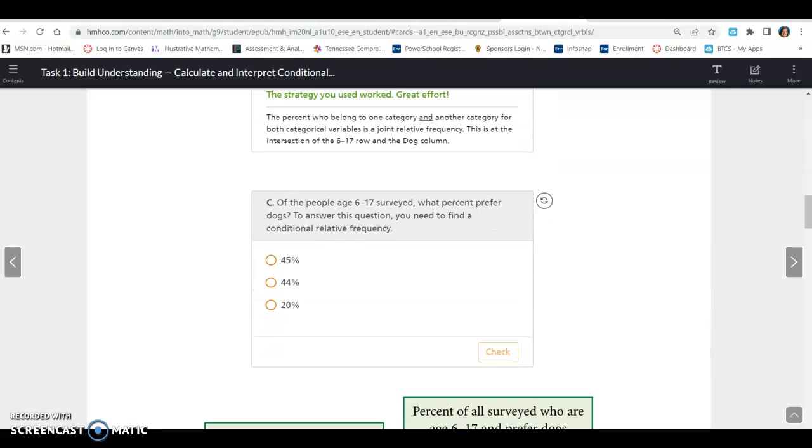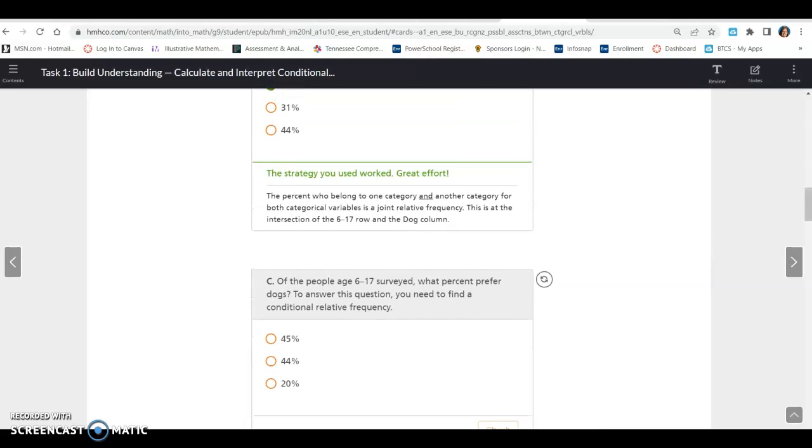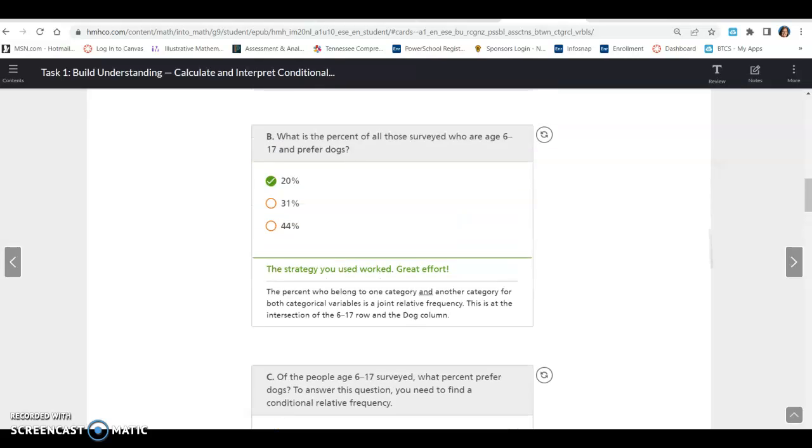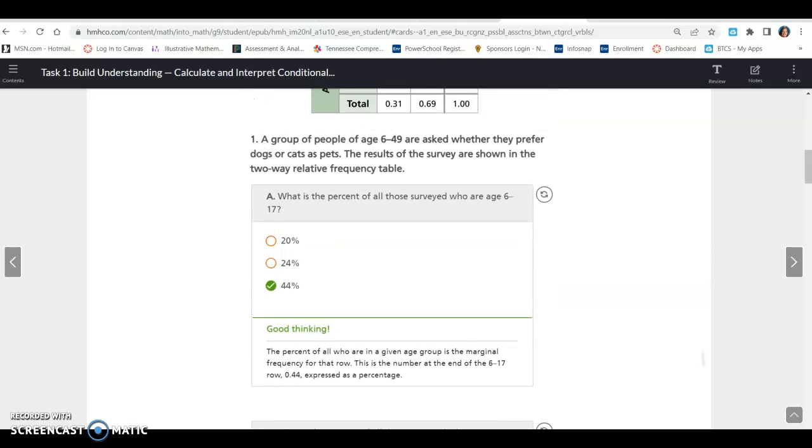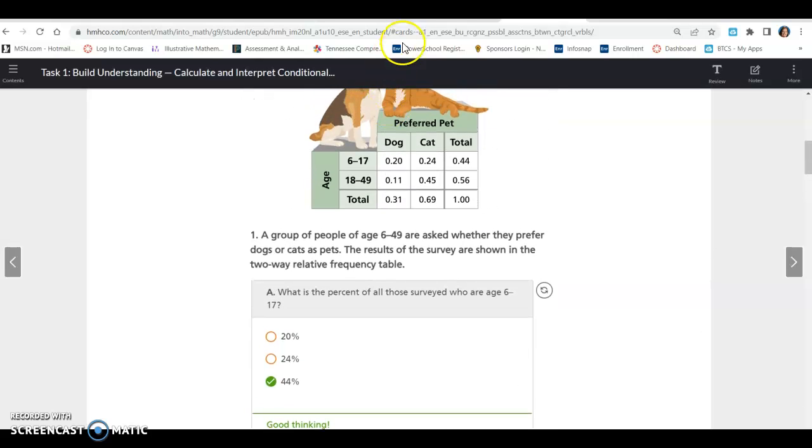All right, of the people ages 6 to 17 surveyed, what percent prefer dogs? To answer this question, you need to find the conditional relative frequency. All right, so people ages 6 to 17 who prefer dogs. We're going to take the number who preferred dogs divided by the total in the age category 6 to 17.